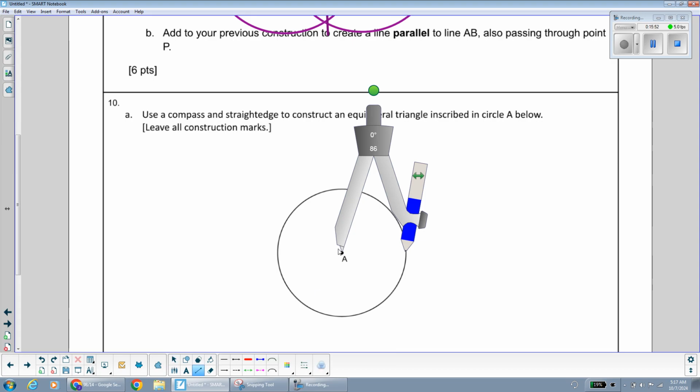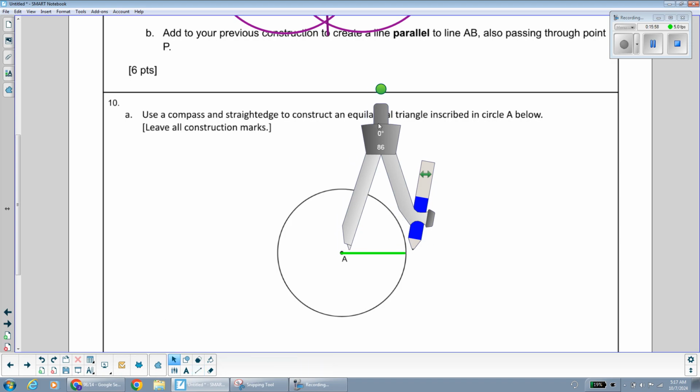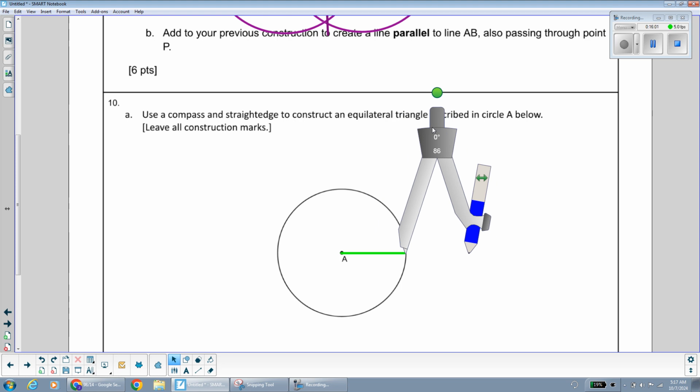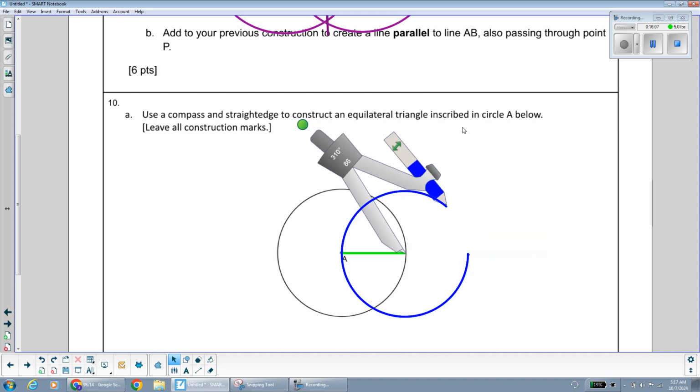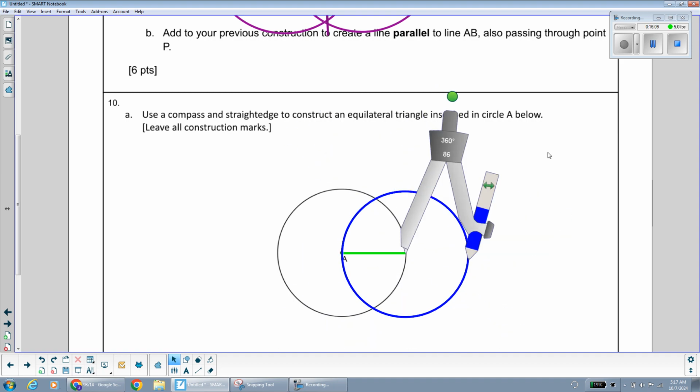To make it more clear, I'll just draw in a radius. I'm going to go over to the point where the radius touches the circle, and I'm going to make a circle. Once again, this is the length of the measurement of the radius.